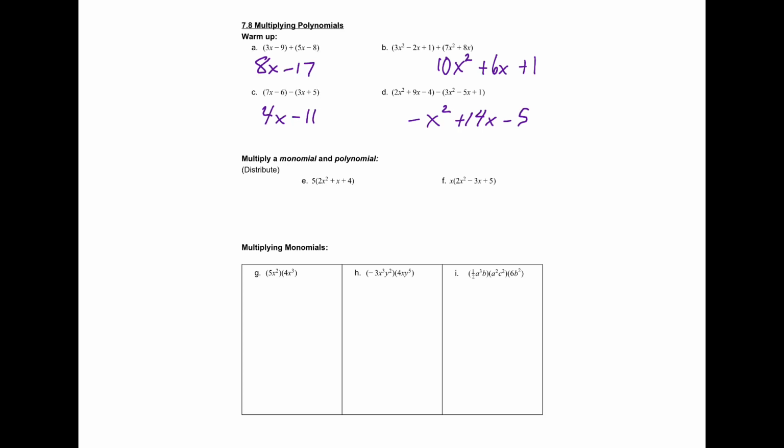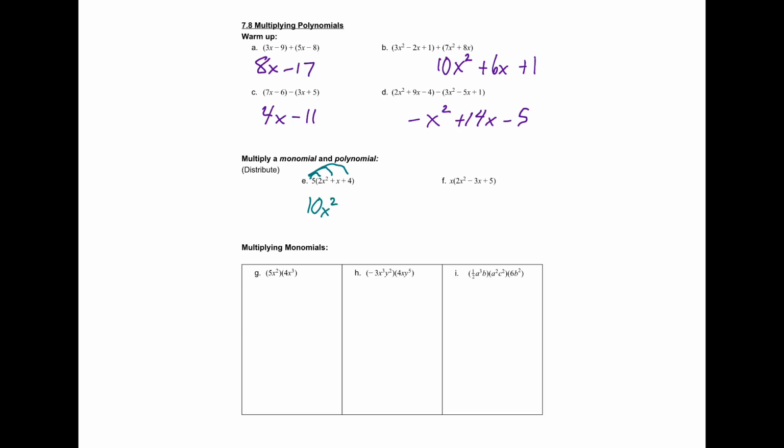So let's, for this first E, I'll show it both ways. I'll do the distributing and I'll do the box. So let's start with the distributing. So you just take the 5 and you multiply it by all 3 parts. So 5 times 2 is going to be 10x squared.